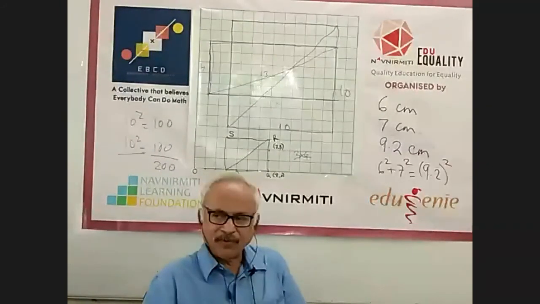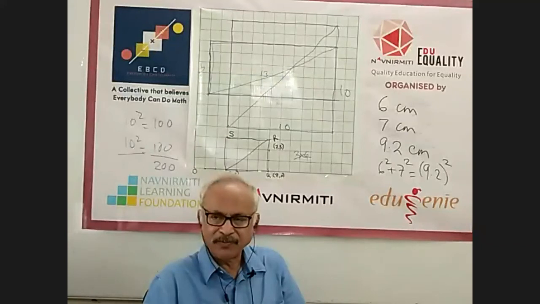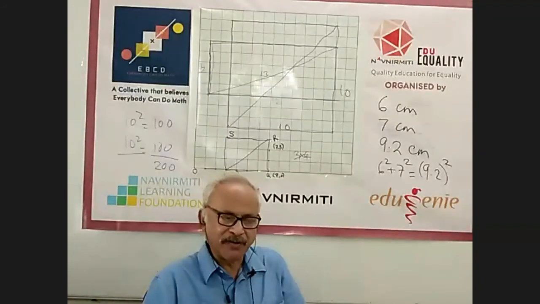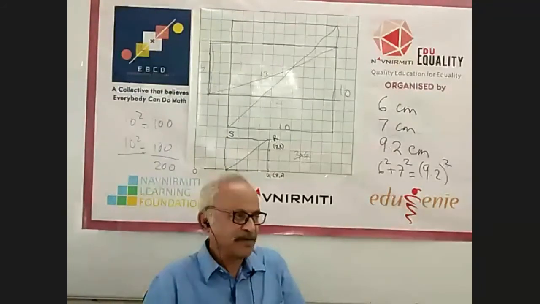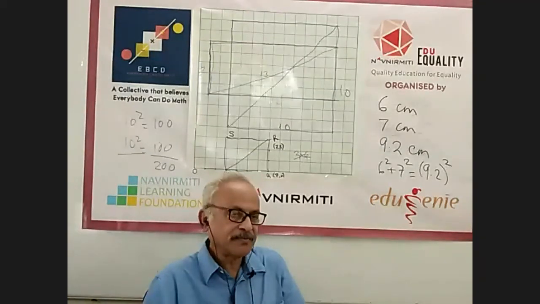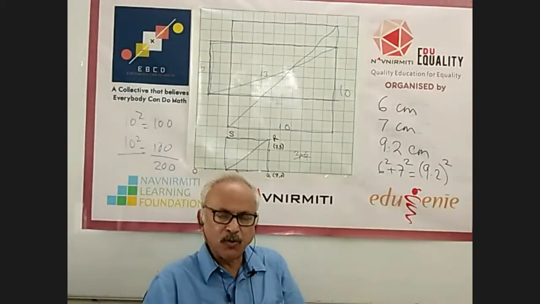You have found that the square root is 14.1 or 14.2. That you did. Repeat the same thing for 300 and 400. Okay, sir. So that is homework number 2.